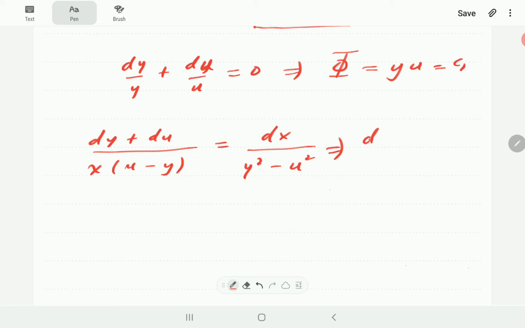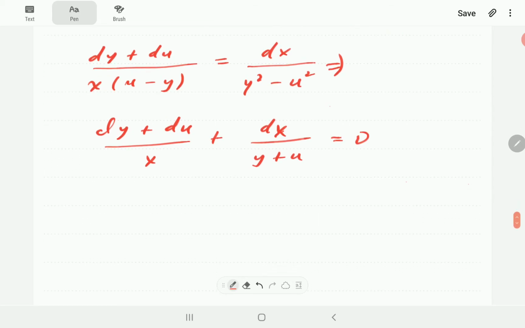So this thing is going to be dy plus du over x. Maybe let me just write it below. So we're going to have dy plus du over x plus dx divided by y plus u equal to 0 if you bring everything to the same side.